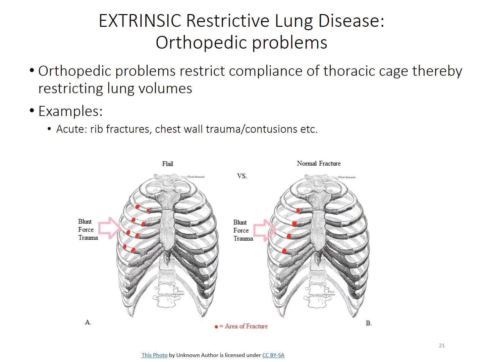So basically, orthopedic problems can also be a cause of restrictive lung disease by restricting compliance of the thoracic cage and thereby restricting lung volumes. So the major acute orthopedic cause of RLD would be rib fractures or trauma to the chest wall.